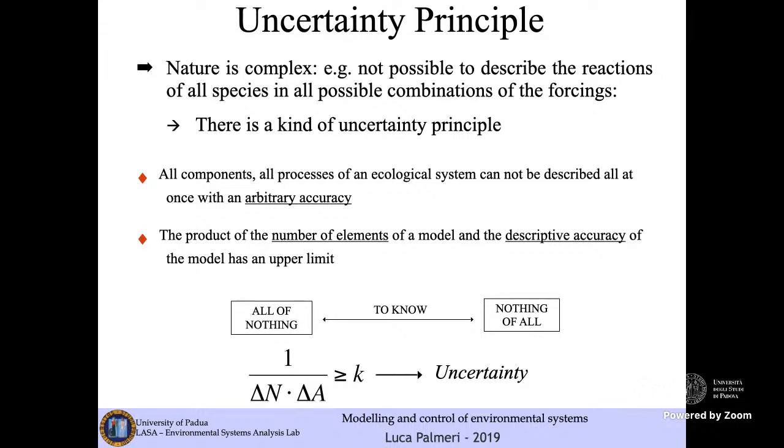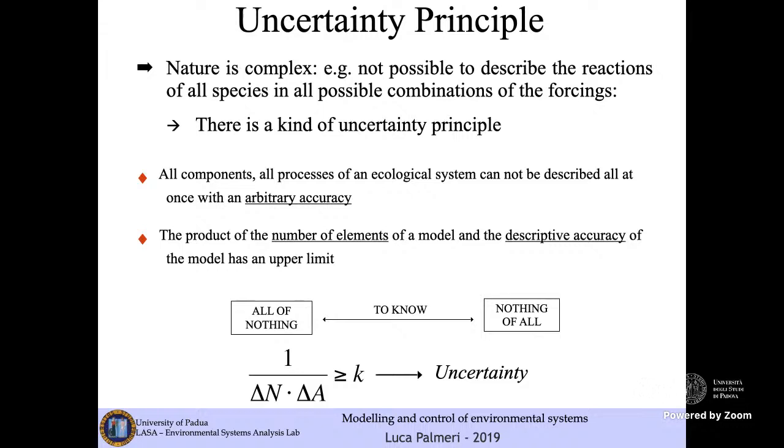So I have to give up pretending to describe all the details with an arbitrary accuracy. Instead, we reduce the number of details and we reduce also the accuracy by which we describe these details.